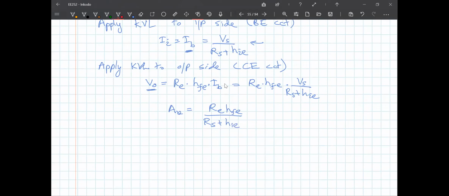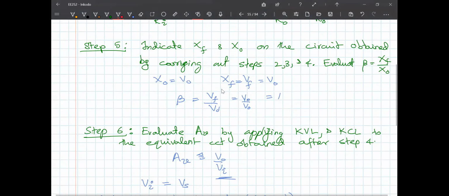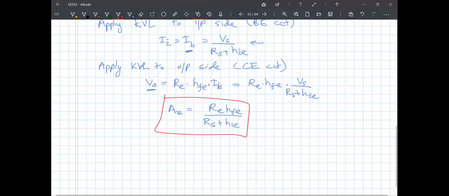So that is my AV, and this is my beta. Okay, so I have these two, so I can now calculate the value of D.